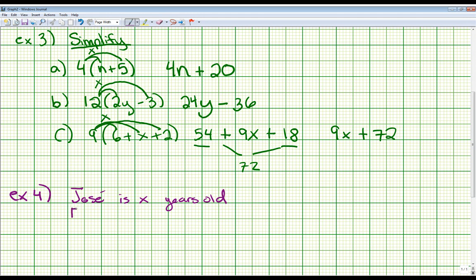They also talk about a person named Felipe, and they say Felipe is 2 years older than Jose. And then the last person is Maria, and they say Maria is 3 times as old as Felipe.